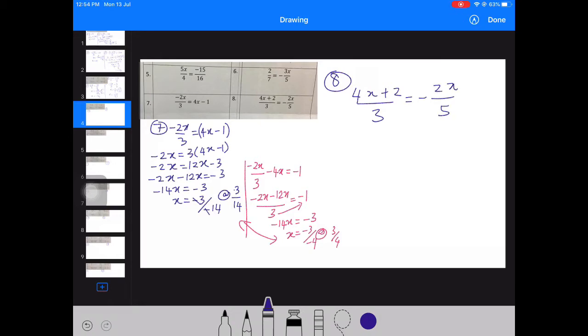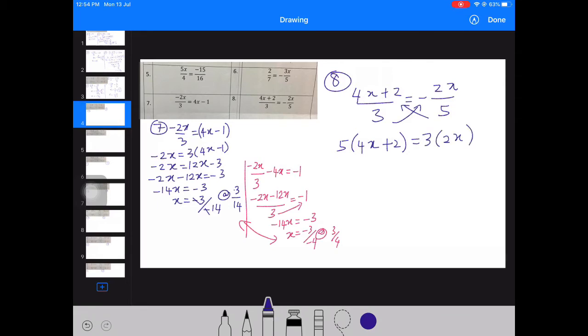Now both are single fractions on the left and right. We can just do the cross multiplication. 5 you multiply on the left, 3 you multiply on the right. So we get 5 times 4x plus 2 equals to 3 multiply 2x.